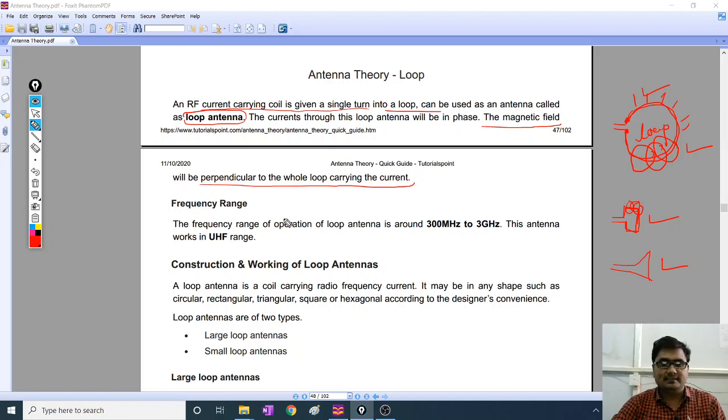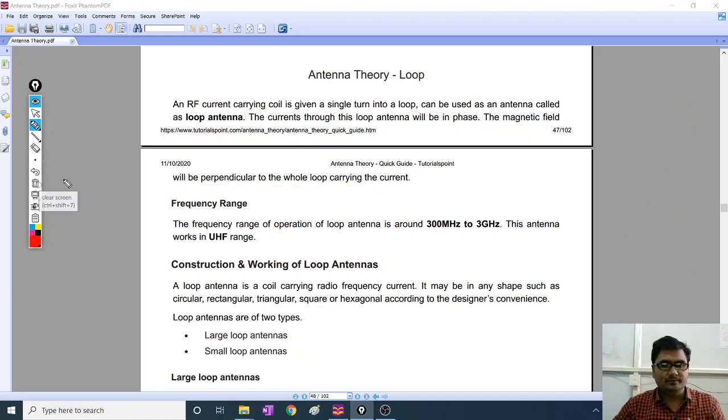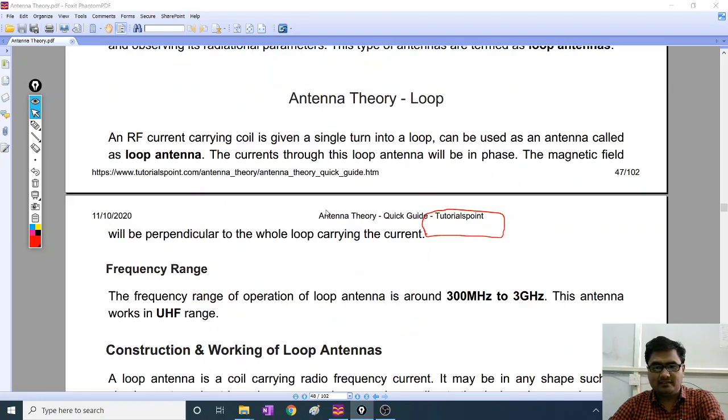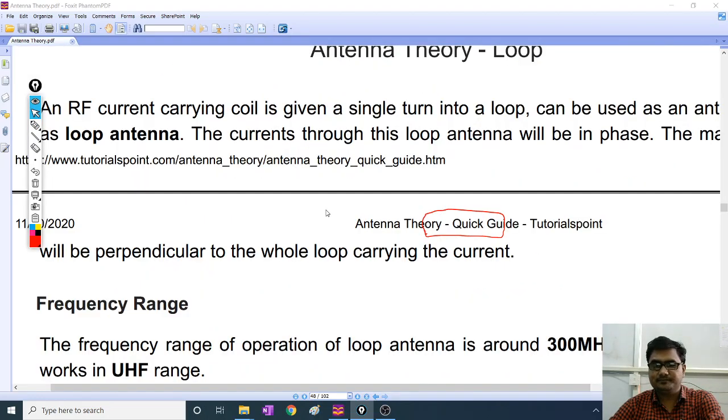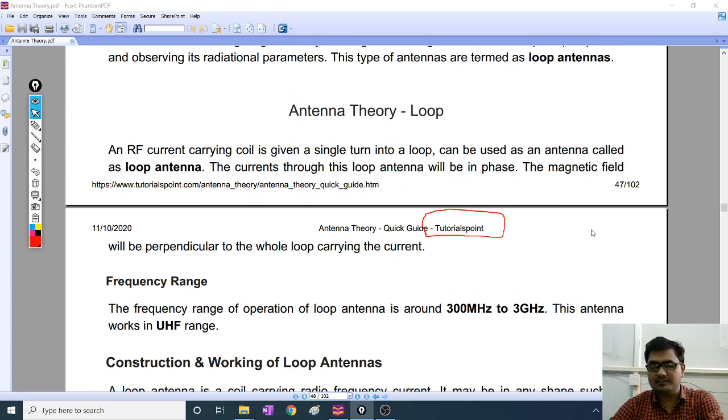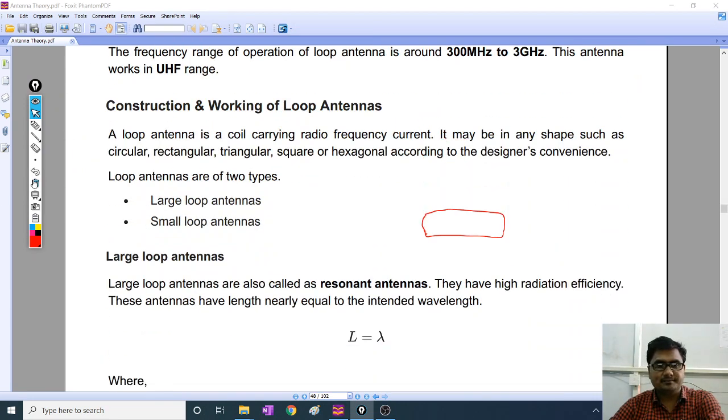Now these antennas have a frequency range of 3 mega... sorry, 300 megahertz to 3 gigahertz.